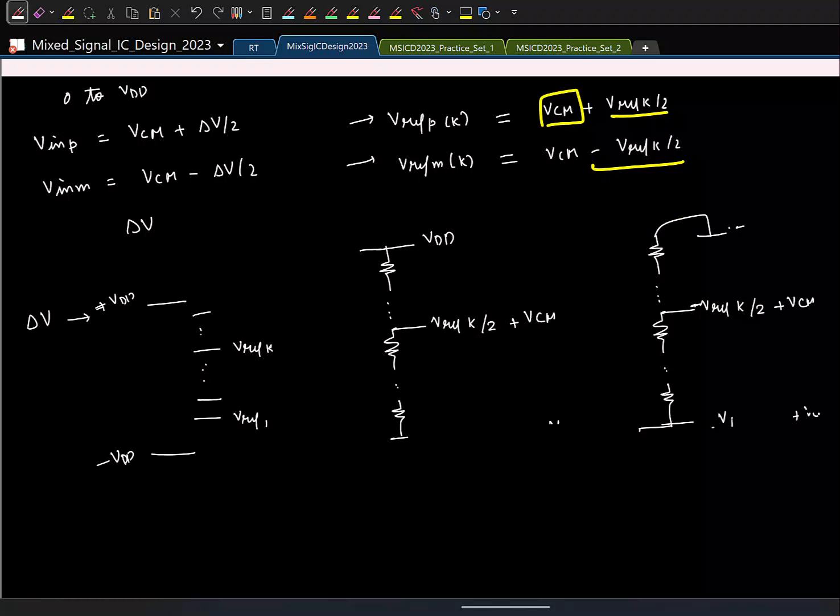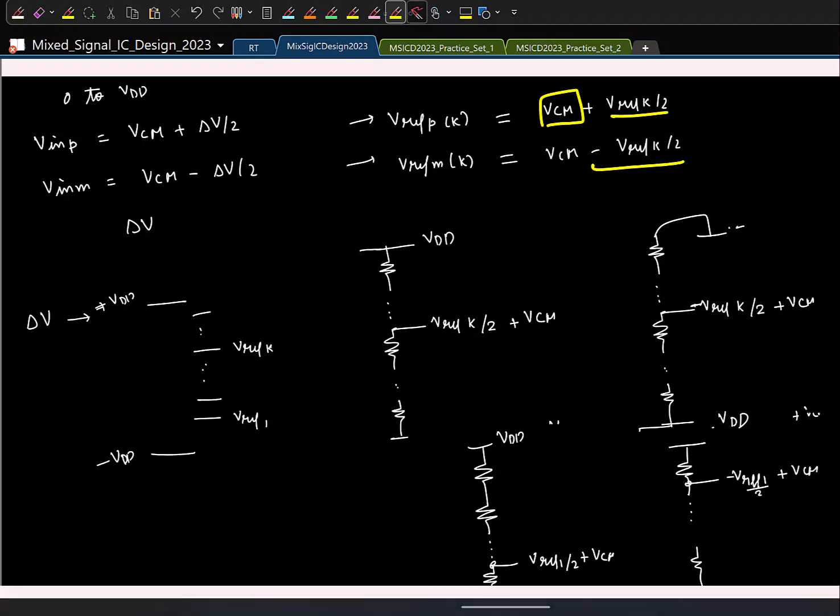Yeah, we usually have to separate things and do it. Ideally, see, as he's pointing out, if we have something like this, this is the VREF 1 by 2 plus VCM. In the other ladder, the one from the top is minus VREF 1 by 2 plus VCM.